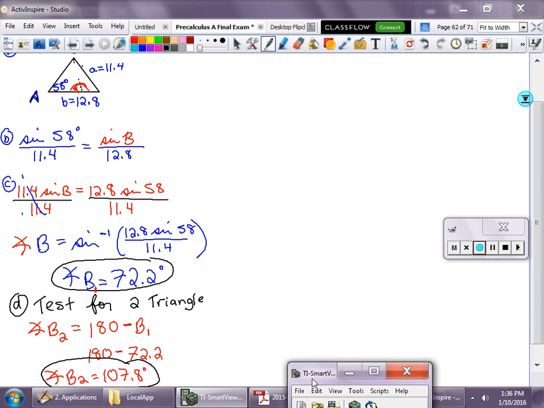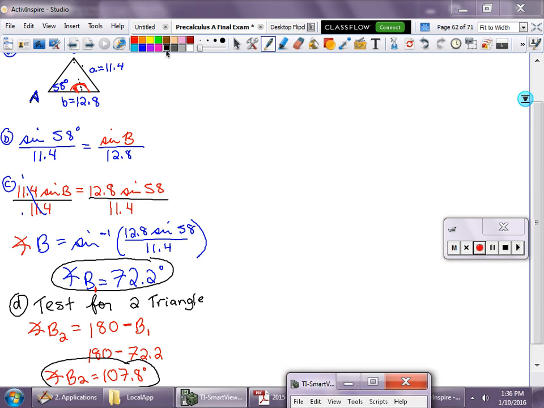Okay, so what we're going to do now is a lot of work, and we're going to have to check it. After we test, we need to see if we can get angle sums of 180 for two triangles. So here we go. We're going to look at angle A. I'm going to call this E. We're still testing for two triangles.